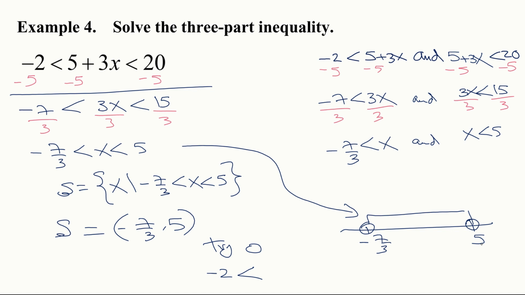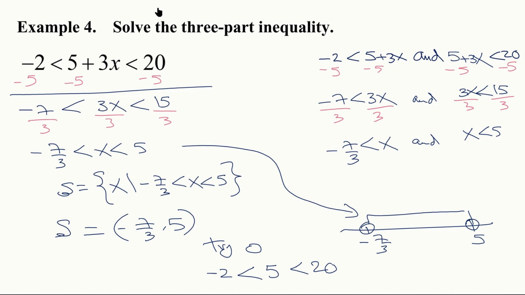Is negative 2 less than, notice 5 plus 3 times 0 is just 5, so is negative 2 less than 5 less than 20? In other words, is 5 a number between negative 2 and 20? Of course it is. So plugging in a number in this region of the solution set is going to make the original three-part, compound inequality true. That's what we mean by a solution of an inequality.